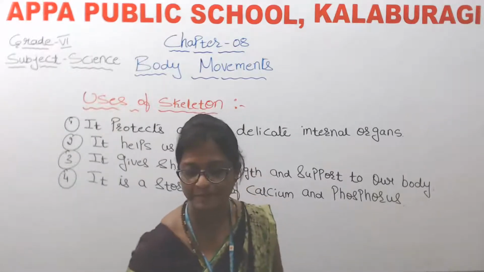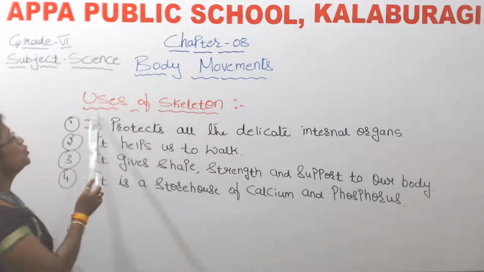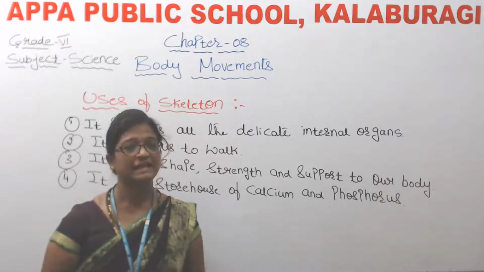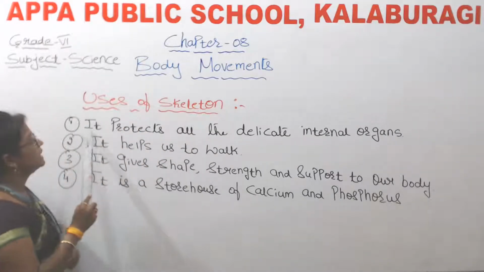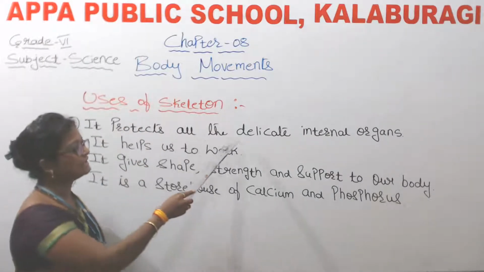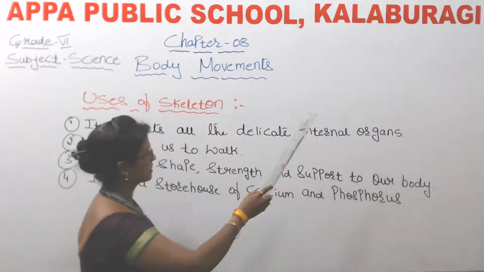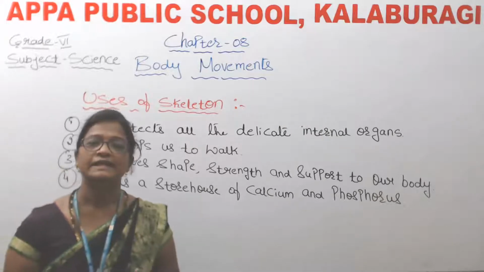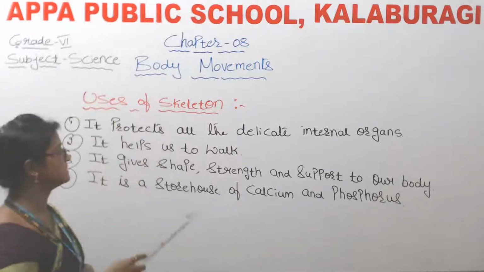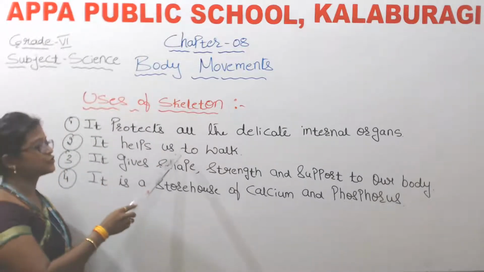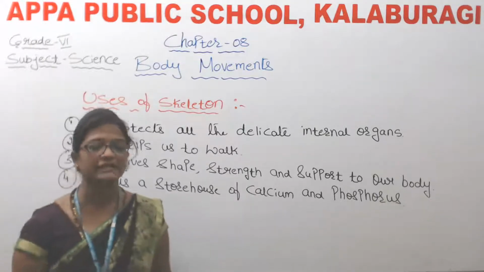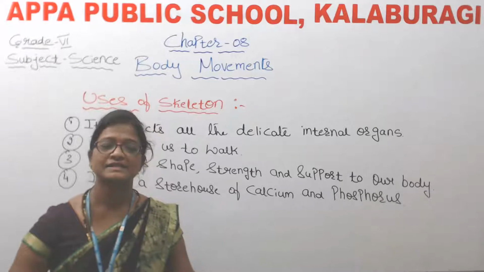So once again, I will repeat, children. What are the uses of the skeleton? How is the skeleton useful? Here it protects all the delicate internal organs. Next it helps us to walk. Because of the skeleton only, we can stand, we can sit, isn't it?